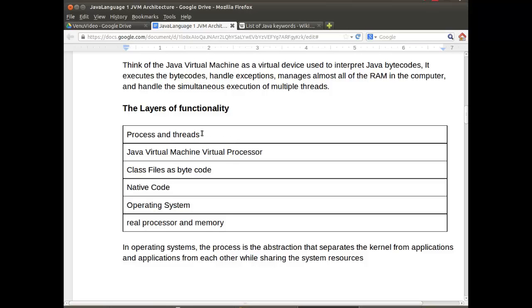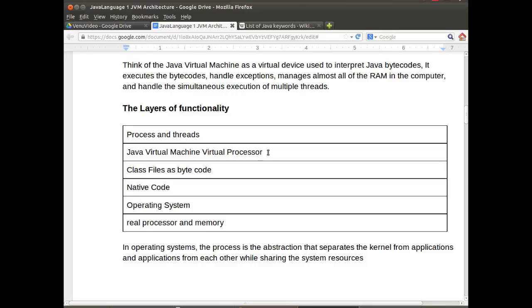When we compile our Java program, it creates what are called bytecodes. Now these are bytes, and the Java Virtual Machine's virtual processor reads those bytes and translates them into instructions at runtime.